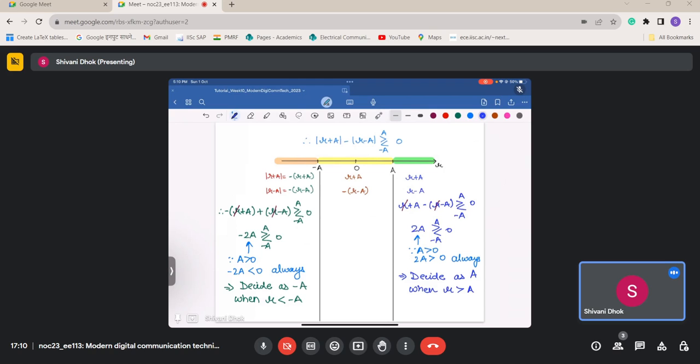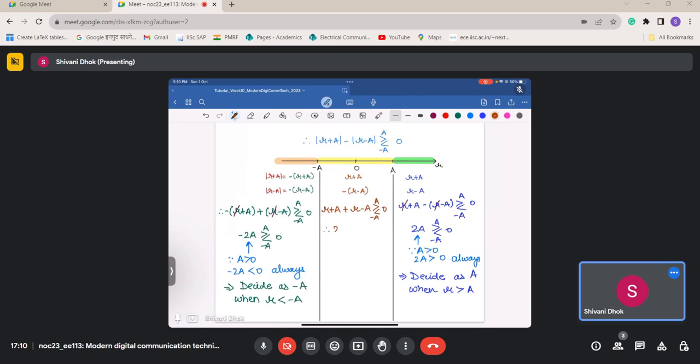Now let us consider the second region, this middle region that we are having. So in this situation, we need to replace this quantity magnitude r plus a with r plus a. However, this quantity has to be replaced with minus of r minus a. So what we have is r plus a minus minus, plus r minus a, like this.